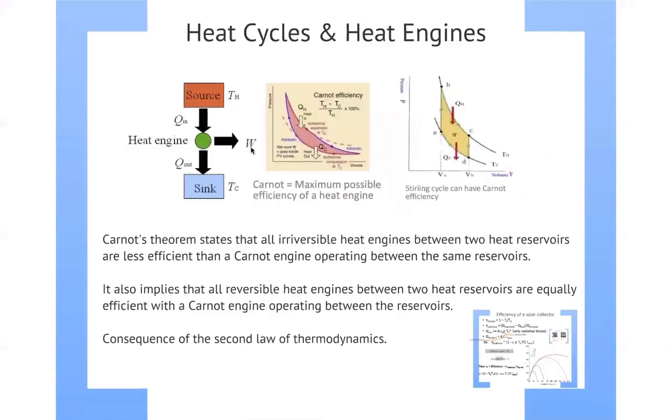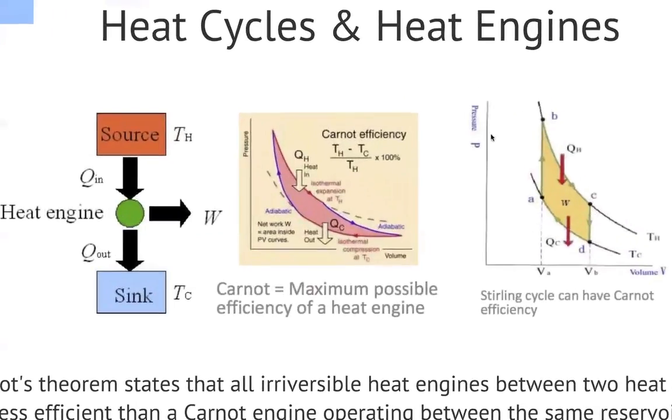Okay. Now there are many other kinds of heat engines as well. It doesn't just need to be Carnot. There's something called a Stirling heat engine. We'll look at that briefly here again. The only difference here compared to the Carnot is that the cycle is a little bit different. Here you have essentially a constant volume increase in pressure, and here you have the expansion, and then you have a constant volume decrease in pressure. This is something called a Stirling cycle.